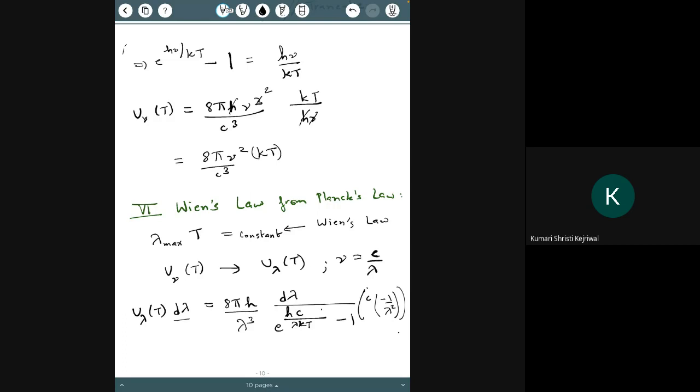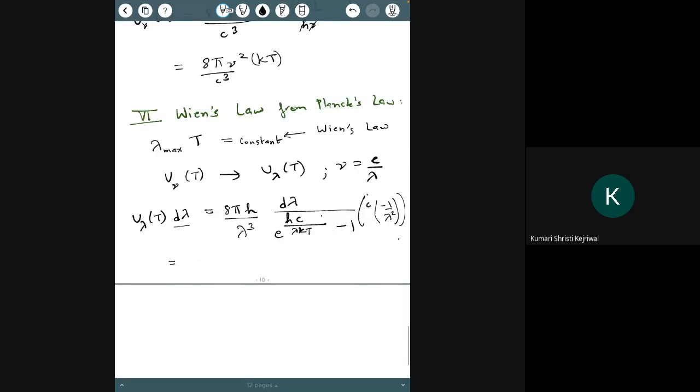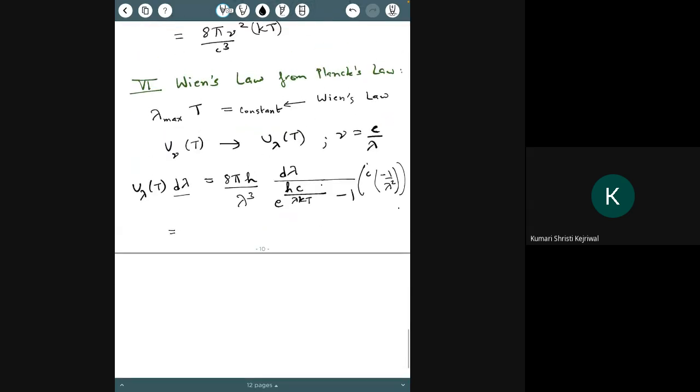So this is equal to minus 8 pi hc by lambda to the power 5, 1 by e to the power hc by lambda kt minus 1, into d lambda.